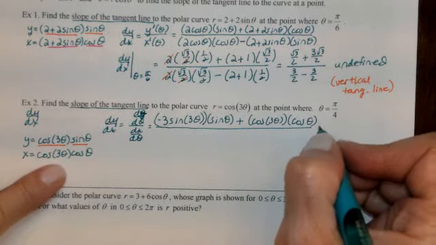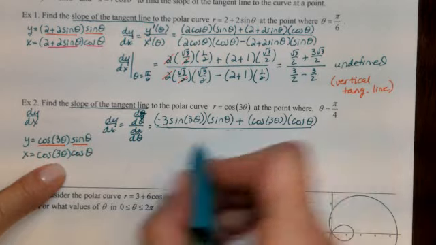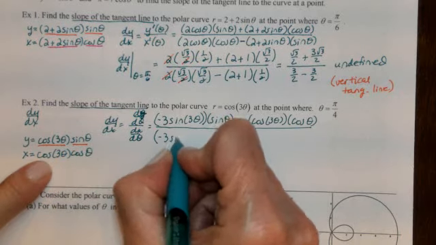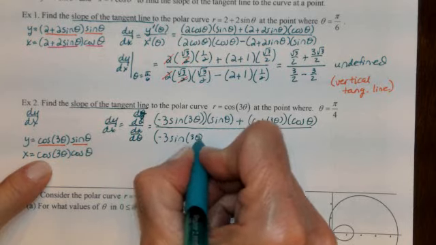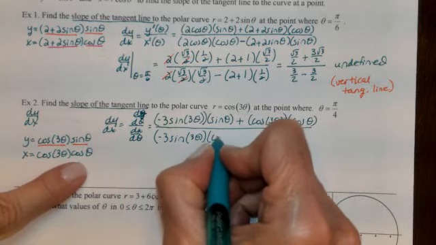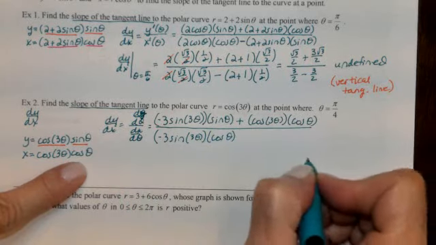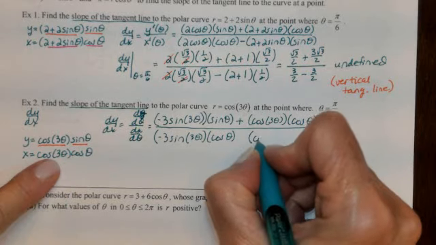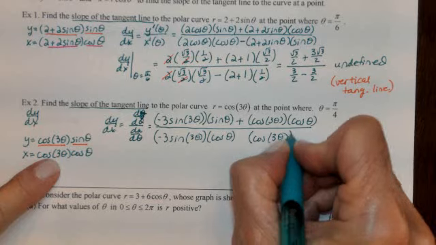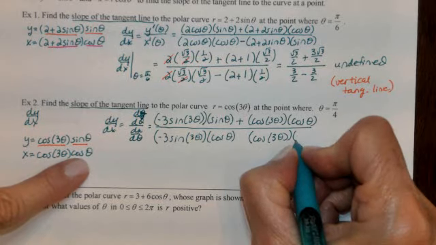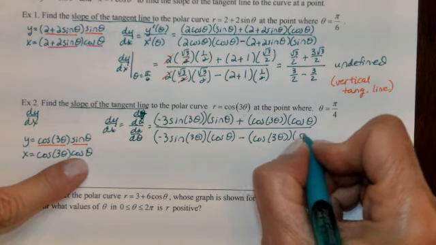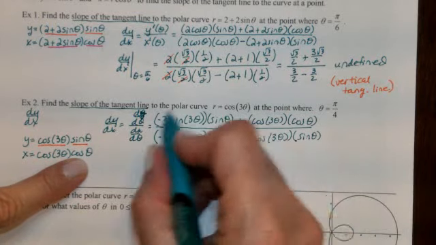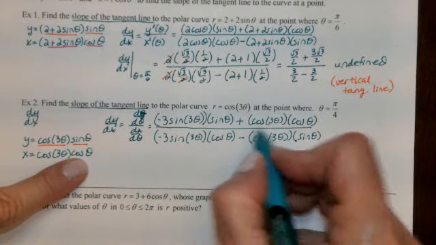All divided by dx/d theta. So r prime, negative 3 sine 3 theta, times, we're going to leave this cosine theta alone. We will end up having a minus here, so I'm going to leave that blank for a second. Leave your cosine 3 theta alone and multiply by the derivative of cosine, which is negative sine theta. Okay? There's dy/dx in terms of theta.